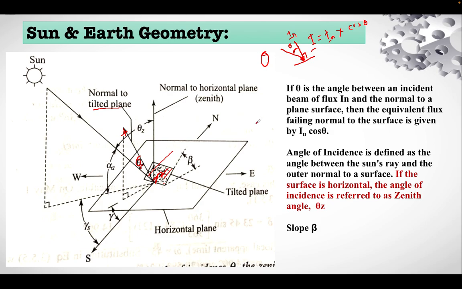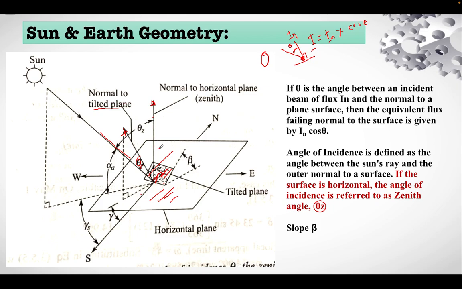The next angle is known as the zenith angle, indicated by theta z. What is meant by the zenith angle? It is the angle made by the solar radiation with the normal of the horizontal plane. This plane is known as the horizontal plane, and this is the normal to the horizontal plane.